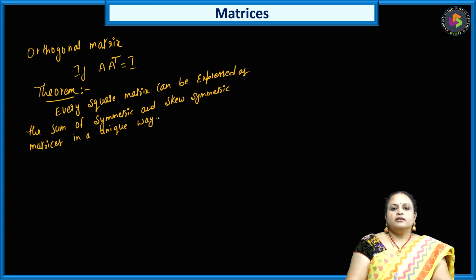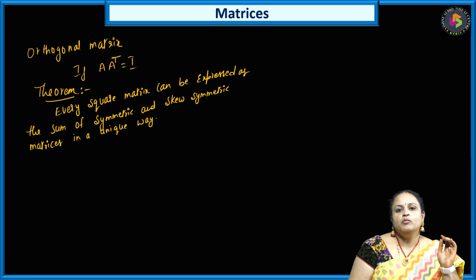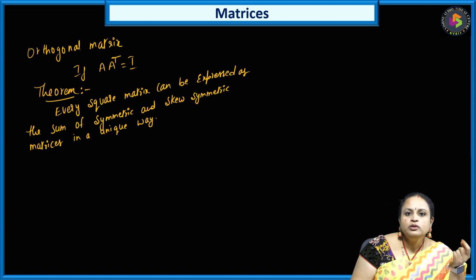What is the statement now? Every square matrix can be expressed as the sum of a symmetric and skew symmetric matrix in a unique way.